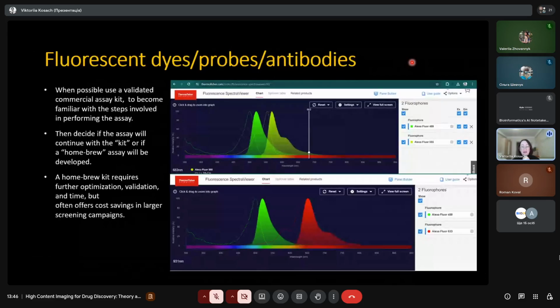In such a way you could quickly adjust your protocol steps, and after that, if you have a large scale and would like to pay less, you could just buy these fluorescent probes from the kits separately to make something like homebrew reagents, and validate them compared to the commercial ones.